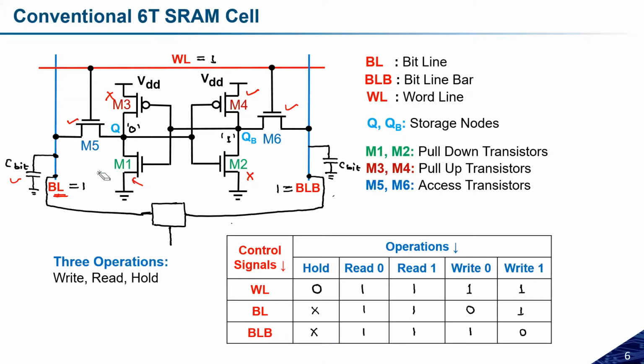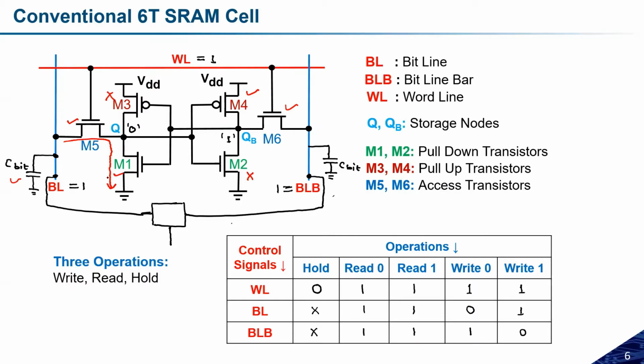So what will happen? The bit line capacitor at the BL side will discharge through transistors M5 and M1, because both are in the on state.